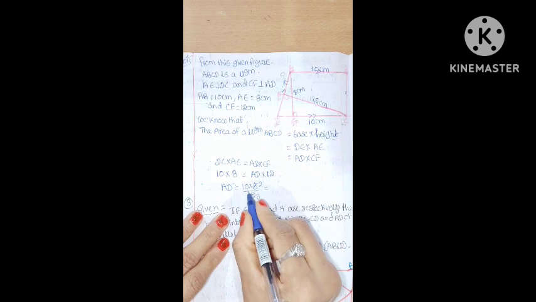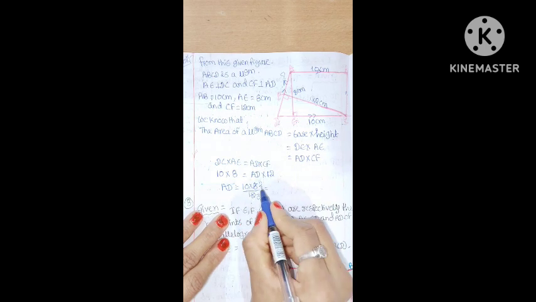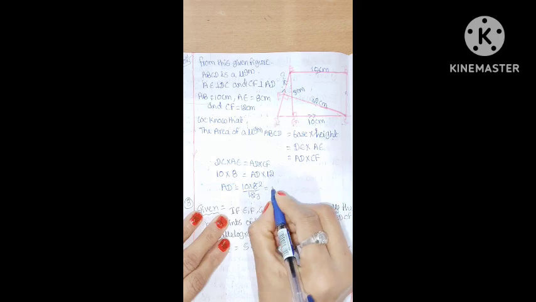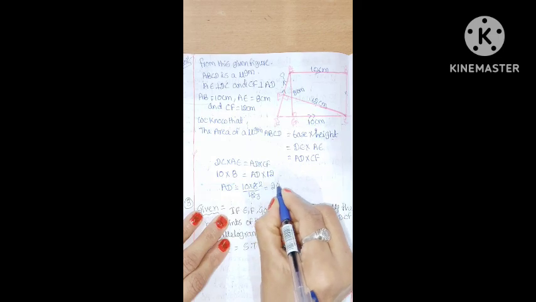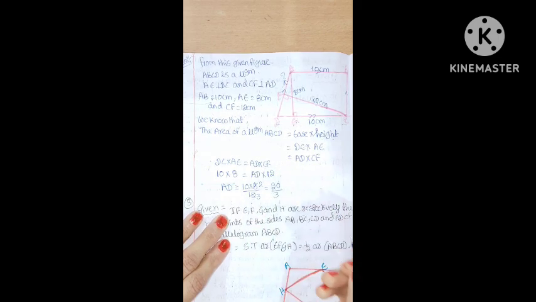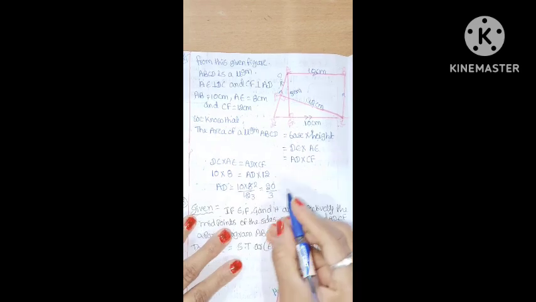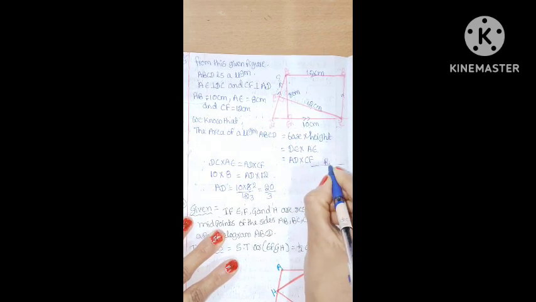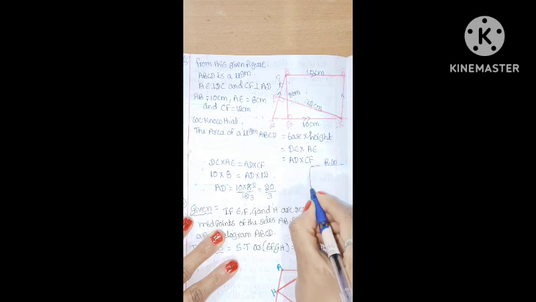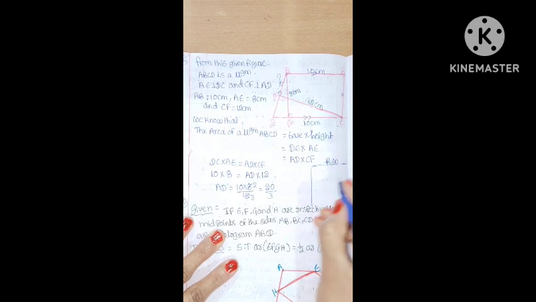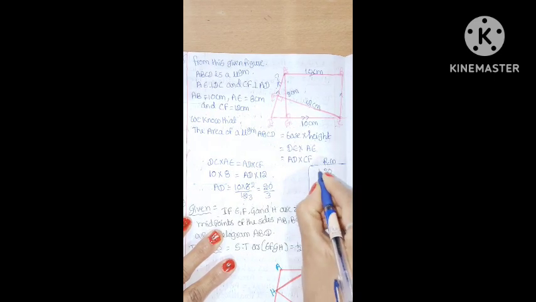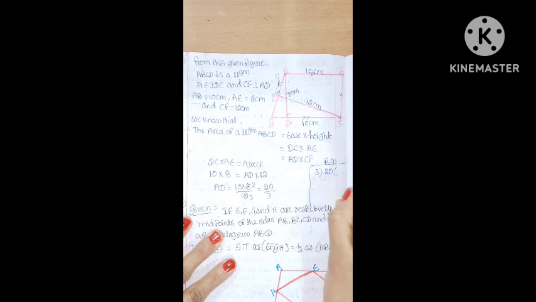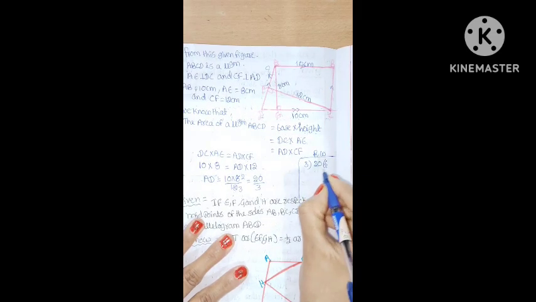So in the numerator, what is left? 10 into 2, that is 20 by 3. I am doing the rough calculation here, on the right side in the margin. And 20 is divisible by 3. 3 6s are 18.